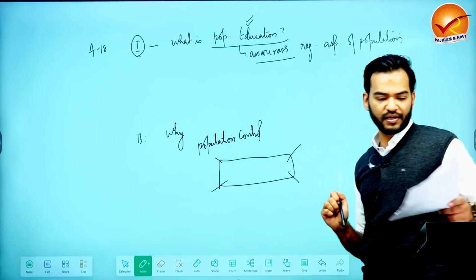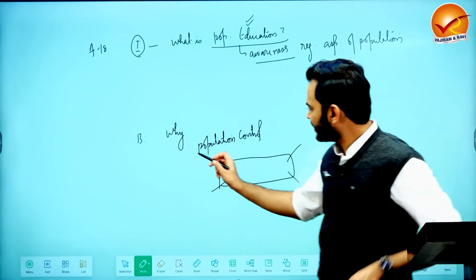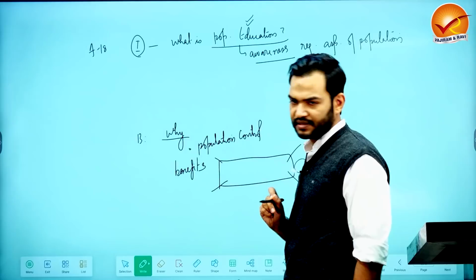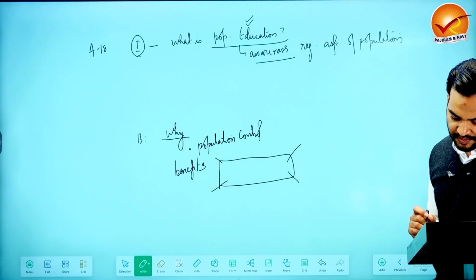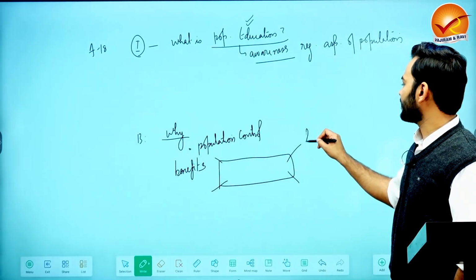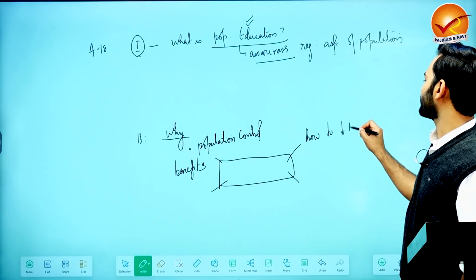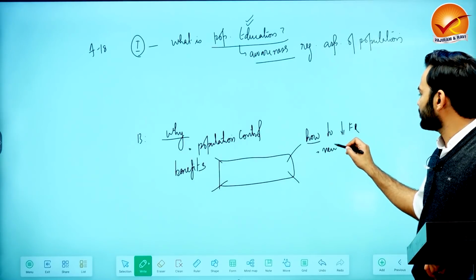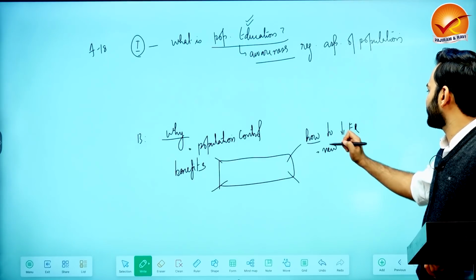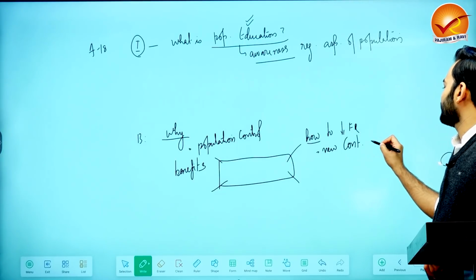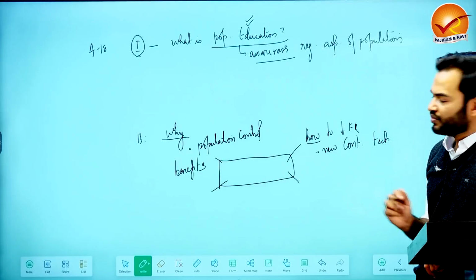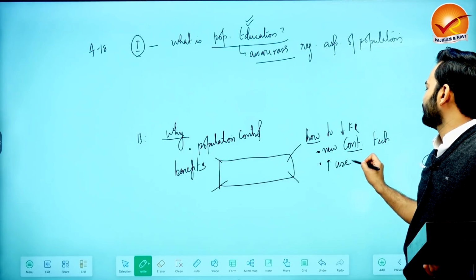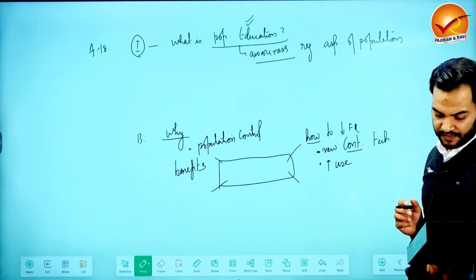So, in order to go for population control and explaining the people what are the benefits of limited family size, then making people aware how to reduce fertility rates, making the people aware about the new contraceptive technologies and how to increase their use. Both are very important to use.